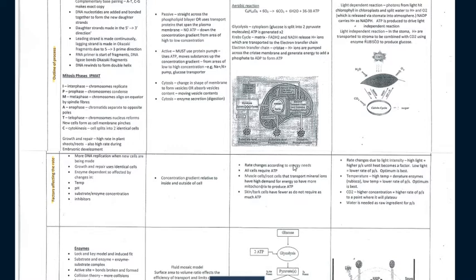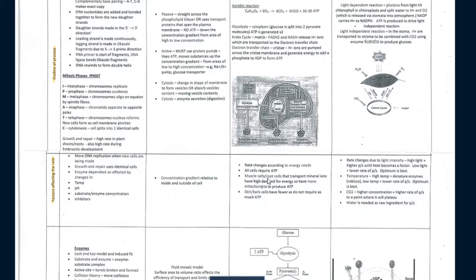Basically if we have a low amount of glucose, it means that respiration overall is going to be at a lower rate because of that original glucose that is needed to break down. All cells require ATP in order for them to function. If the cells don't have ATP, then they can't function properly. So that's why we actually need the glucose to begin with.